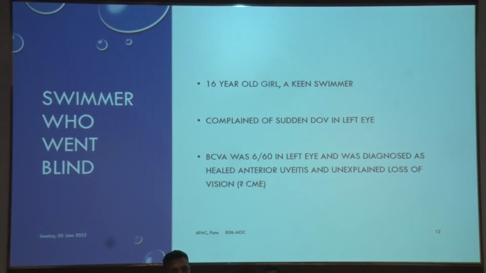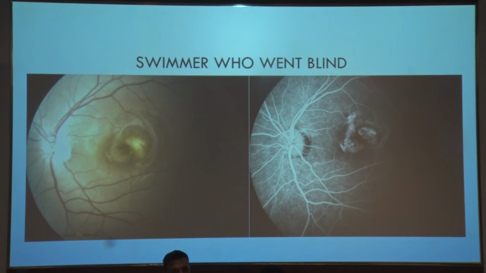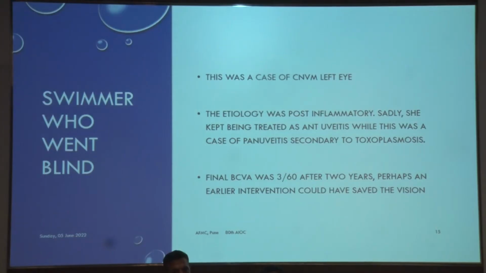Again, a 16-year-old girl who was an aspiring competitive swimmer, who presented with moderate diminution of vision in one eye and was treated as anterior uveitis with unexplained vision loss, and then again found to have an inflammatory cause, and later on it was found out that it was a CNVM and not just a subretinal fluid of some cause.